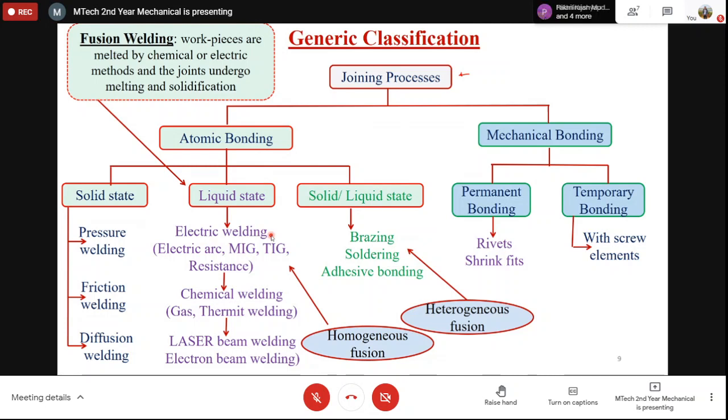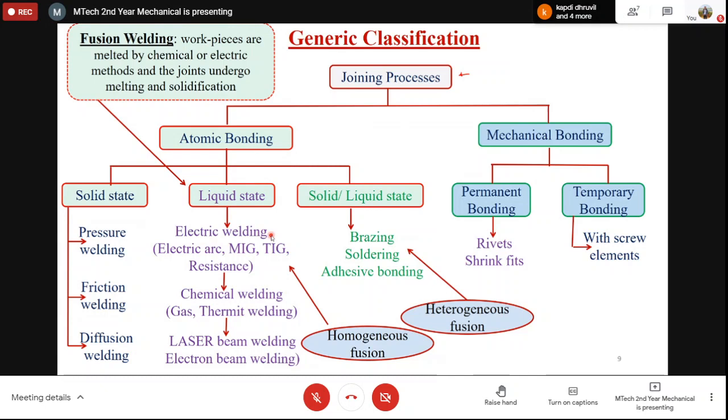Apart from these types of welding, we have some semi-solid or liquid state joining processes, like brazing. In liquid state welding, we take two materials and raise the temperature up to their melting point, and then we join them with or without the application of filler material.